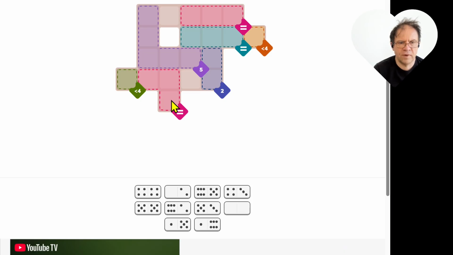If it's a 4, what else we got? We got 4 3 would work. If it's a 5, what else do we have? 5 3 would also work, so that doesn't help. Kind of a similar situation here.